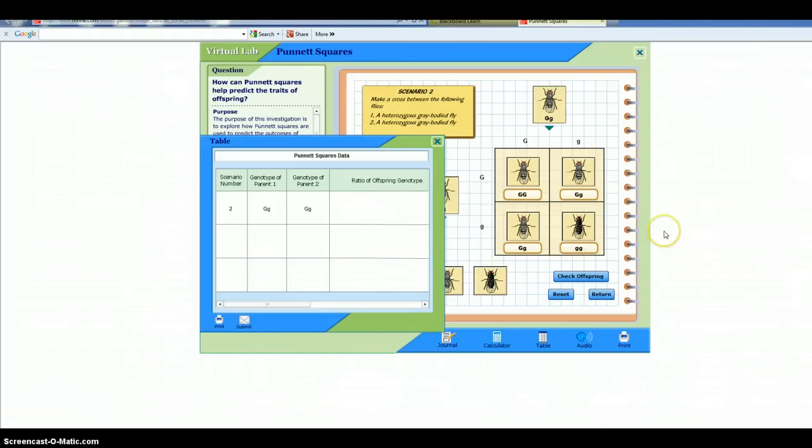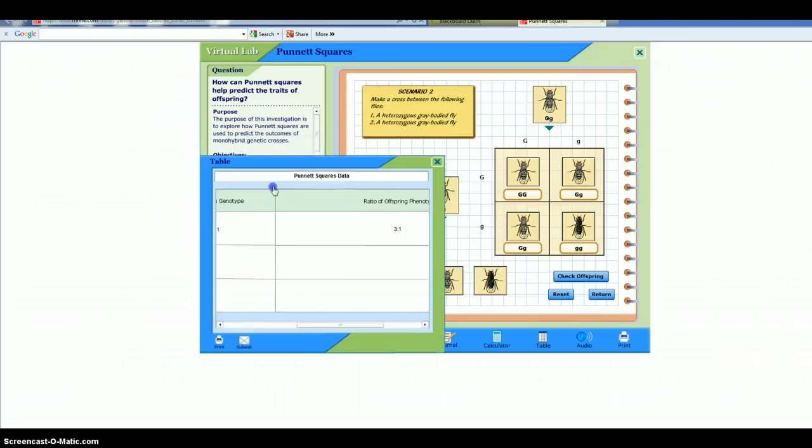So the ratio is 1 to 2 to 1. The next box we fill out is the ratio of the offspring's phenotypes. There are 3 grays and 1 black, so it's 3 to 1.